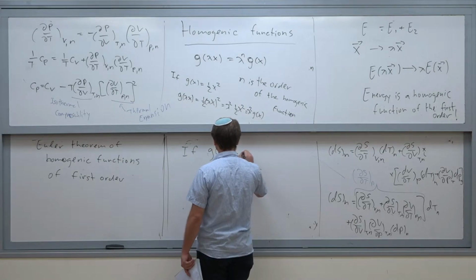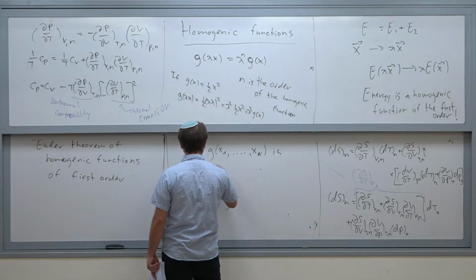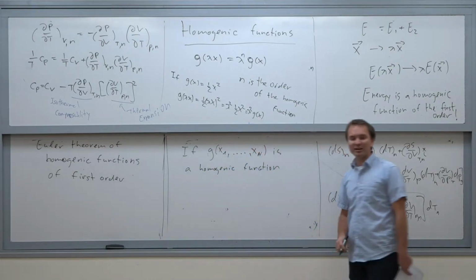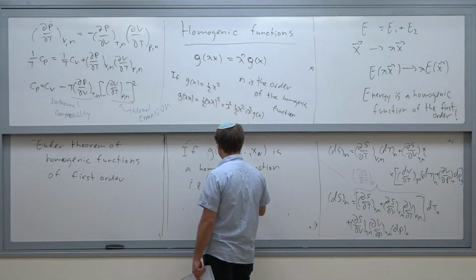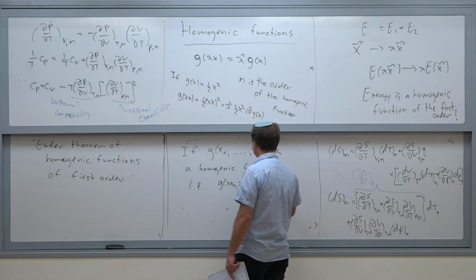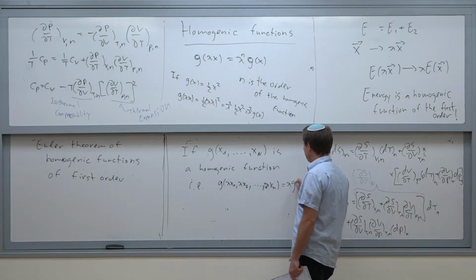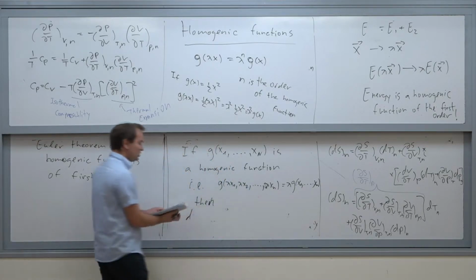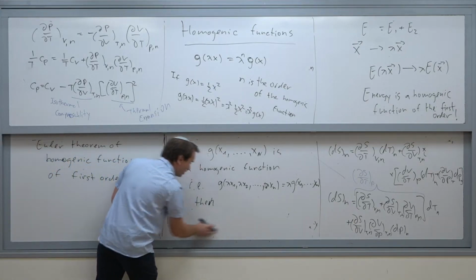If g of x1 to xn is a homogeneous function, the number of variables we don't really care about, i.e. g of lambda x1, lambda x2, ..., lambda xn equals lambda g of x1 to xn, then g can be expressed by its partial derivatives.